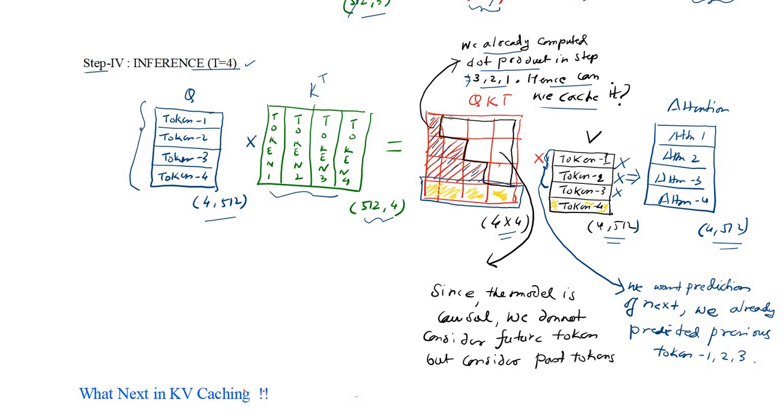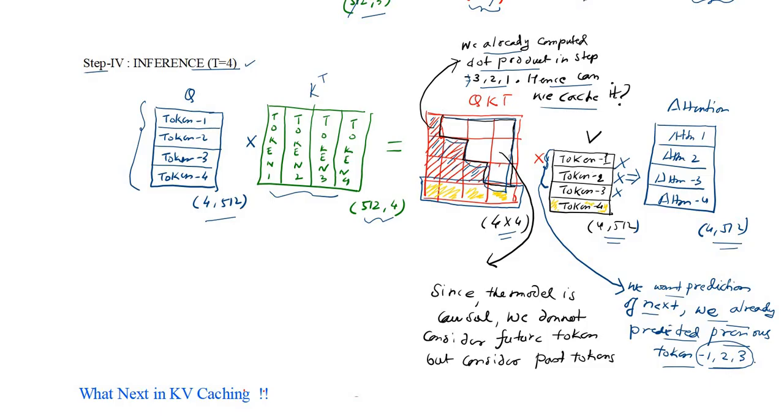Now what is this part? Let's concentrate on this part. In this part, we want to predict the next token. We already predicted the previous tokens 1, 2, 3. So what is the interpretation?